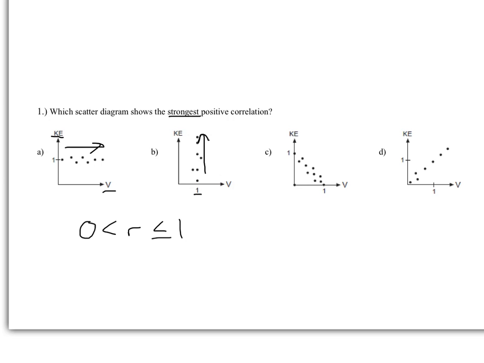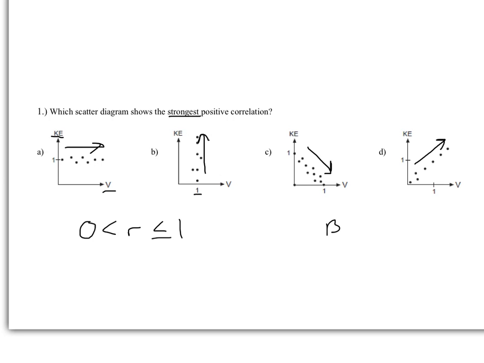Let's look at C. As V increases, KE actually decreases. So if this question was asking for a strong negative correlation, that would be our answer. But no, it's pretty obvious that the answer is D. This would be a strong correlation because as my V increases, my KE increases.